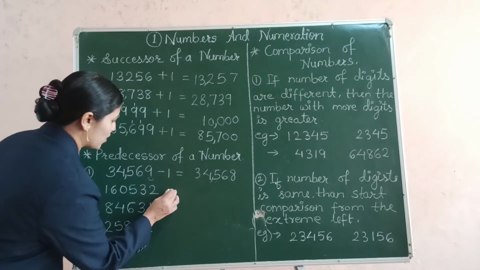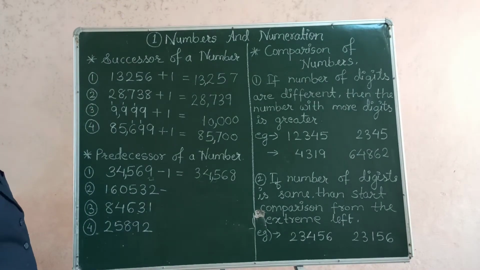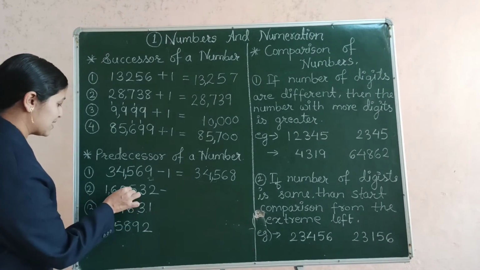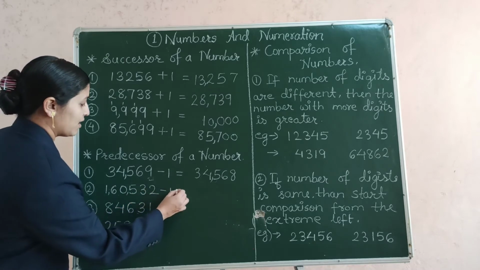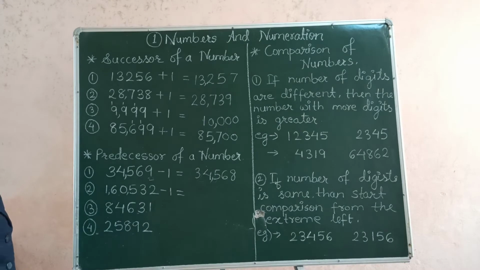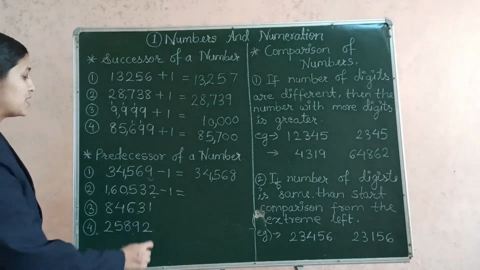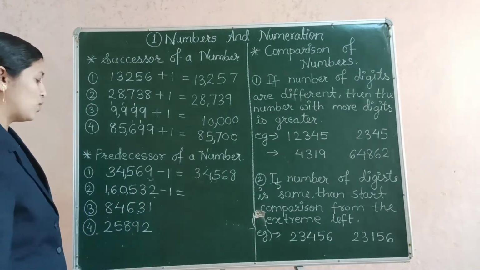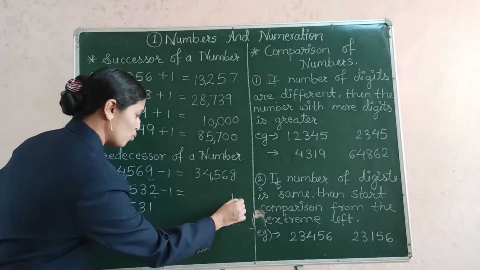Similarly, we will see one more example. The second number given here has 6 digits. 1,60,532. And if we subtract 1 from this number, then what are we going to get? Here you can see 2 is in the ones place. So we will subtract 1 from this ones place digit. 2 minus 1 will become 1.